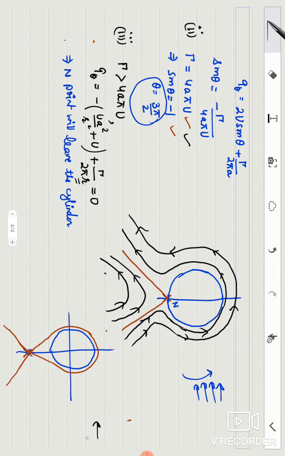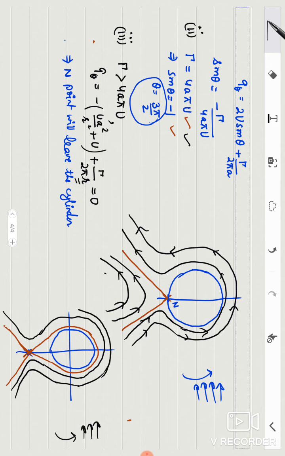Because your fluid is flowing in this direction, and further, this is circulating. In this way, you will draw these lines.